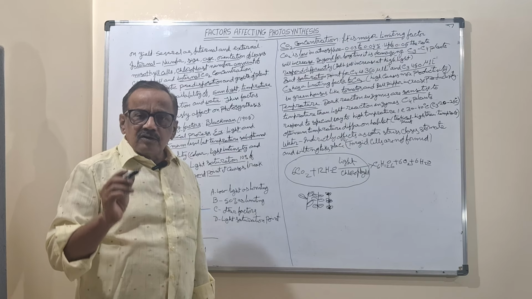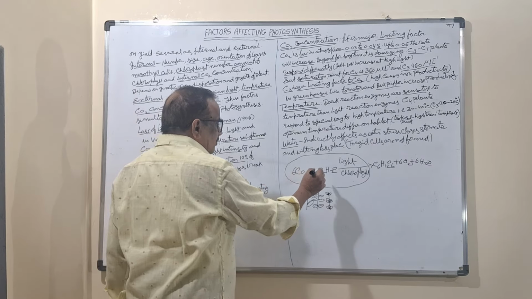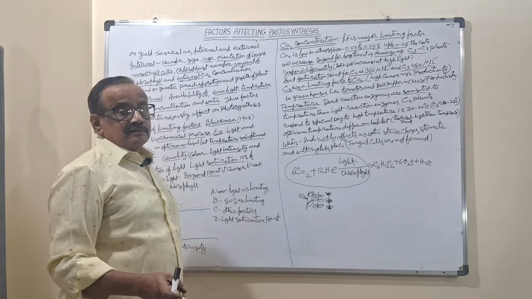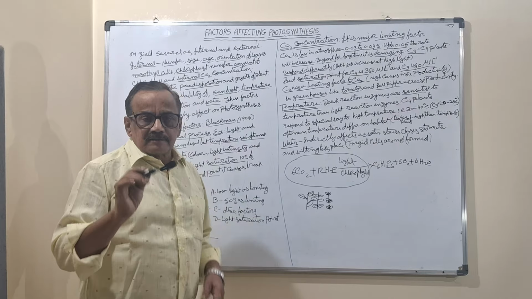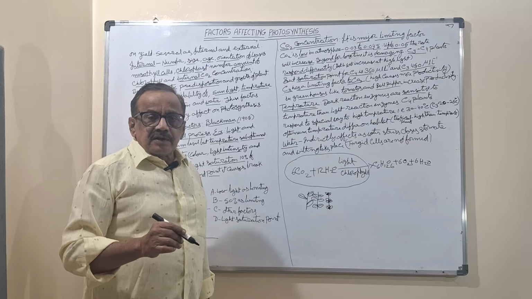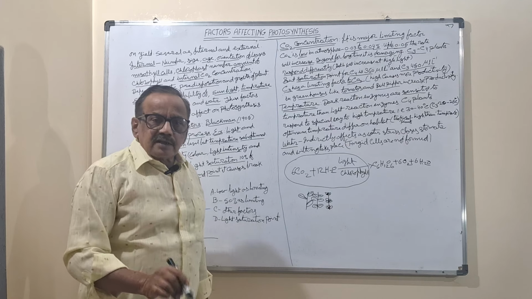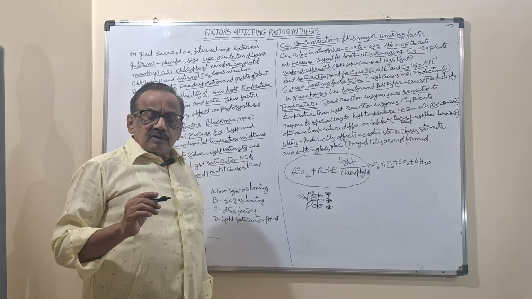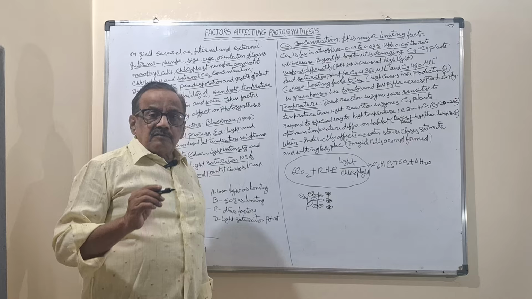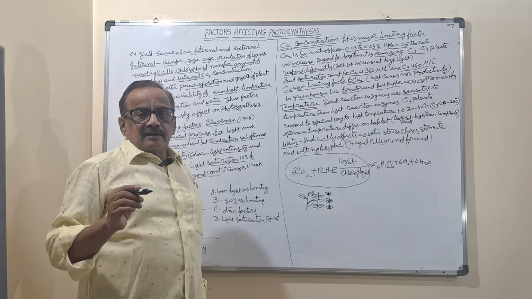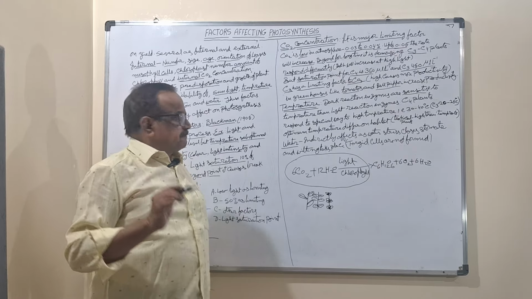Say carbon dioxide concentration is okay, water is okay, light is okay, but the temperature is less. At that time, the temperature is the limiting factor. If the temperature is not proper, the enzymes won't work properly, and the rate of photosynthesis will be decreased. So whichever factor is at a suboptimal level will work as the limiting factor for the rate of photosynthesis. I think you understand this one.